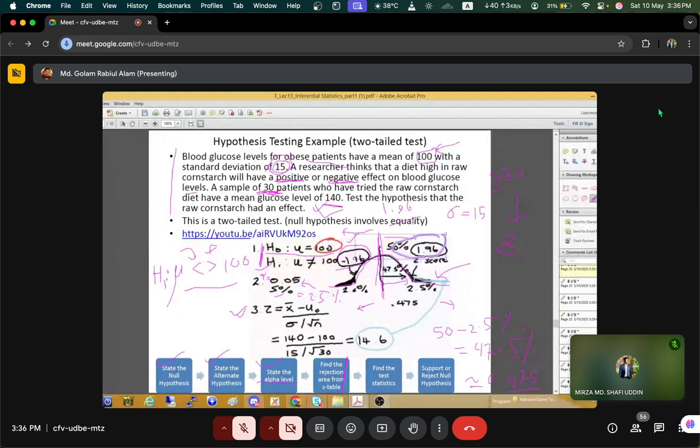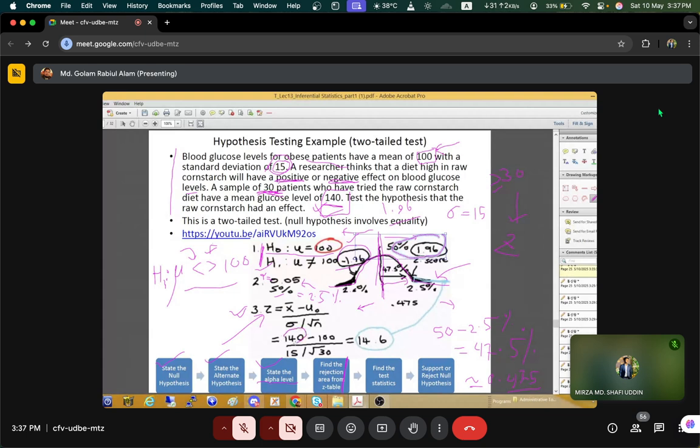Now we have to find out our statistics, that is what we got from our data. That is called the Z statistic. For finding the Z statistic, Z is x bar minus mu 0 divided by sigma by square root of n. So x bar, the data in this case, we got the mean glucose level is 140.